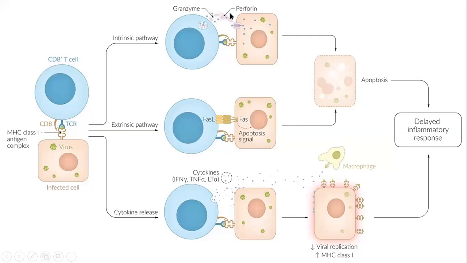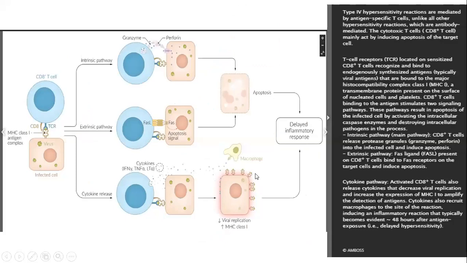Intrinsic will cause a granzyme and perforin reaction. Alternately, they may cause apoptosis, cell death, through FAS and FAS ligand. This is the ligand, FAS is the receptor that will induce an apoptotic signal, or direct cytokines, IFN, TNF, or leukotrienes. This we will talk about in the second part of the class, unit 4. Just go to the video and look into that mechanism one more time.